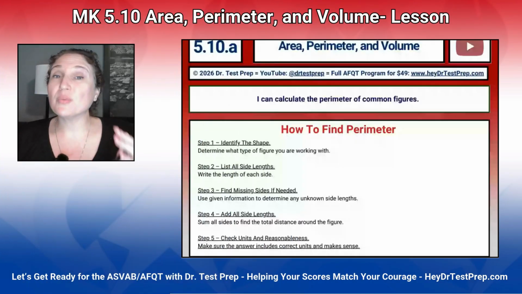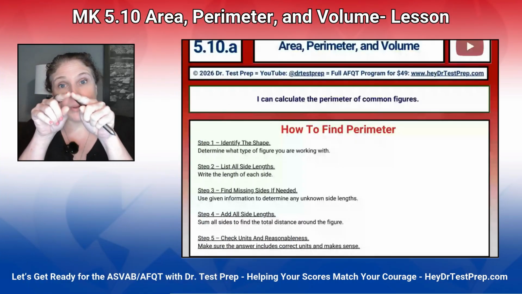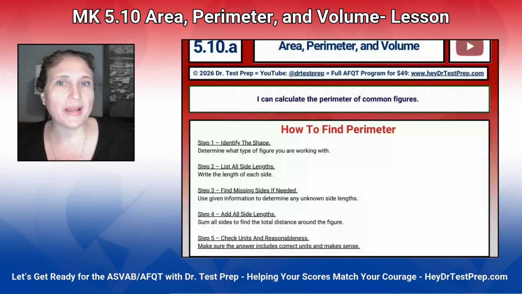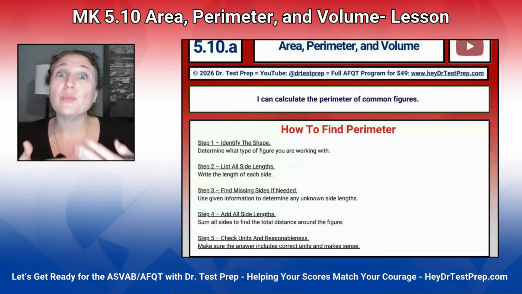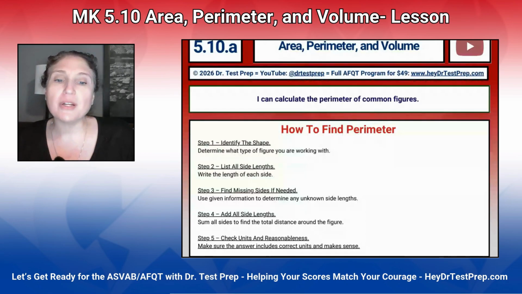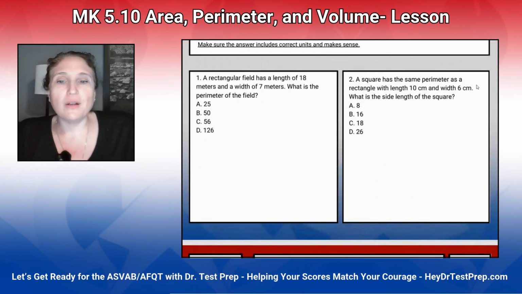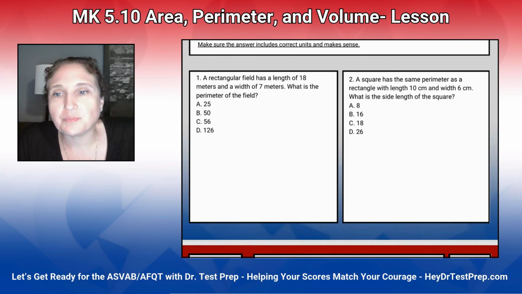So when it comes to perimeter, as I was kind of demonstrating before, that's the outside of the shape. So we find perimeter always by adding all the sides, period. For volume and area, we do multiplication, but in perimeter, I like to stick with add all the sides. So we've got a rectangular field, rectangle, that has a length of 18 and a width of 7.